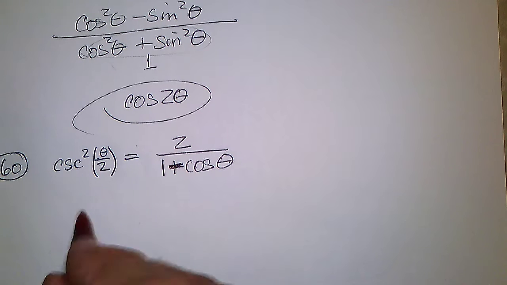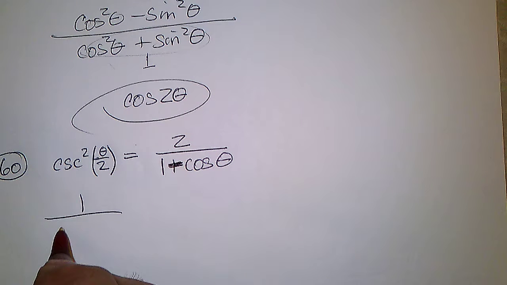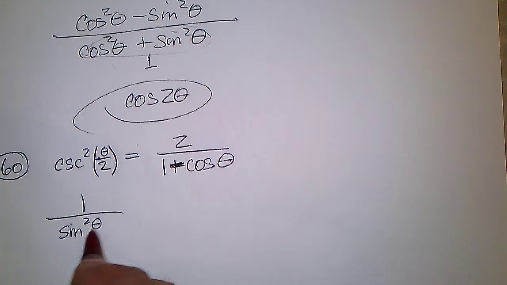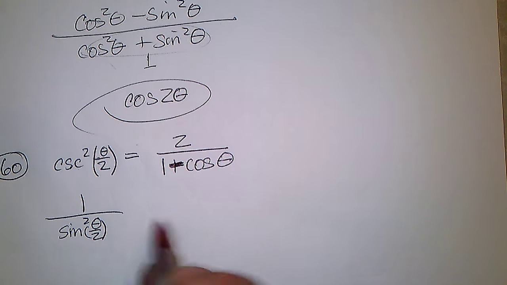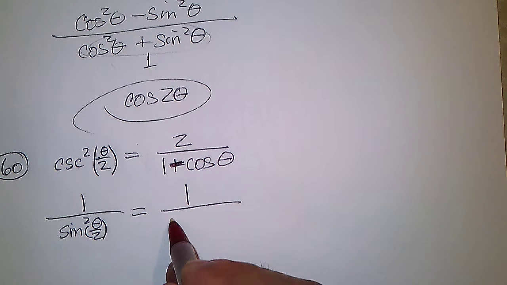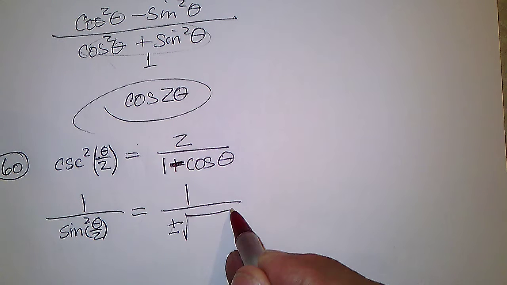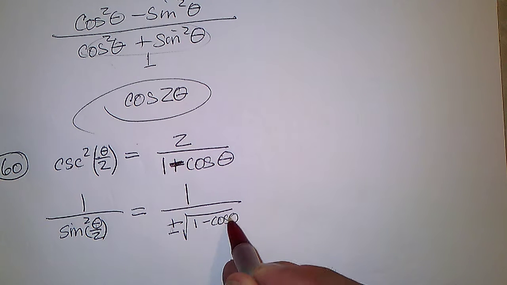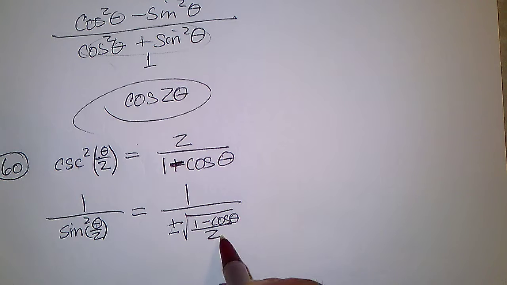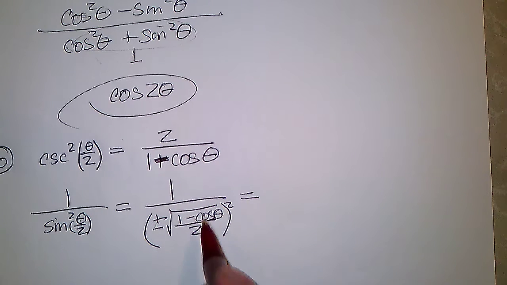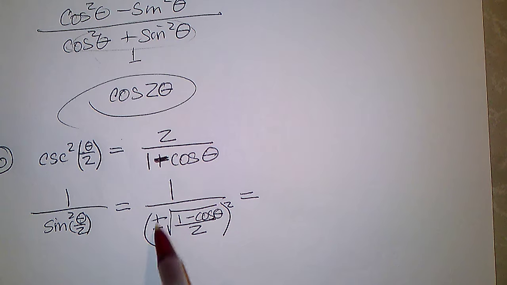So cosecant squared is 1 over sine squared of theta over 2. And the sine is plus or minus the square root, the half angle formula, 1 minus cosine theta over 2, but we would have to square that. So that would get rid of the plus or minus, since plus squared is plus and minus squared is plus, so we can forget those.